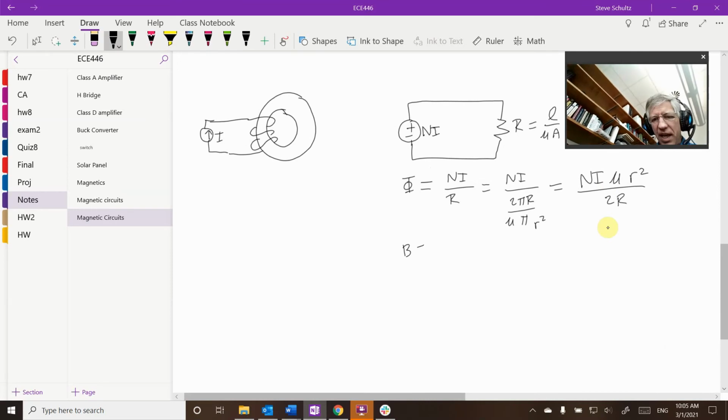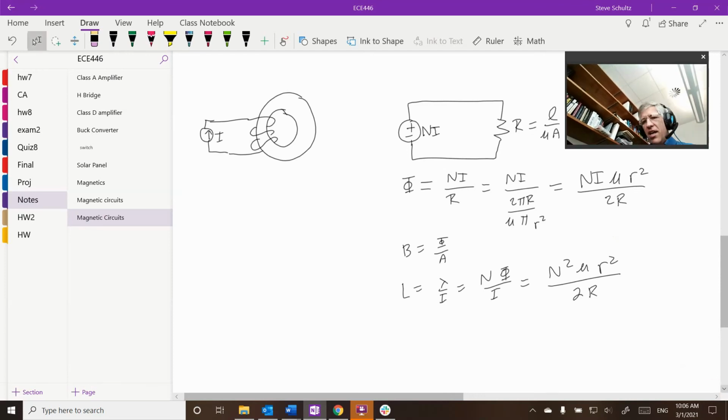I can do B is equal to the flux over the area. I can get that my inductance is equal to lambda over I, which is equal to N times flux over I, which is equal to N squared mu r squared over 2 big R.